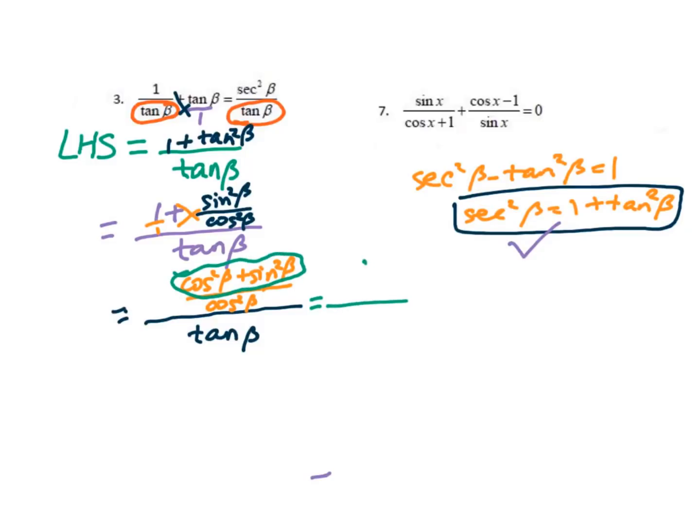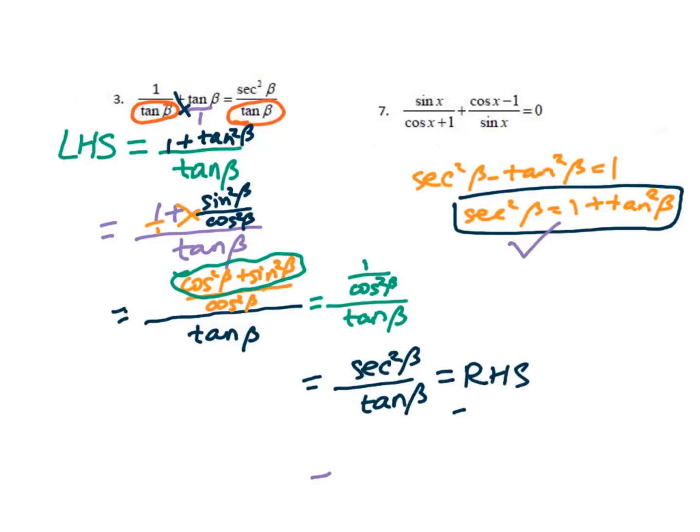So we get 1 over cosine squared beta over tangent beta. 1 over cosine squared beta, that's secant squared beta over tangent beta. That's the right-hand side. Now we finish this proving. This problem tells us that when you do verifying trig identities, always analyze both sides so that you can find the better way to figure this out.